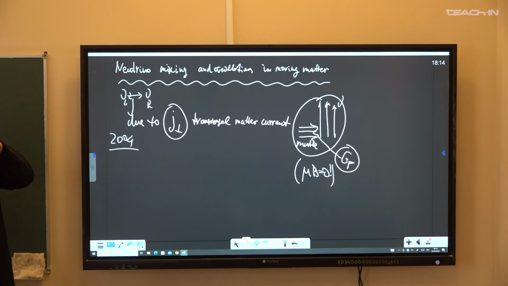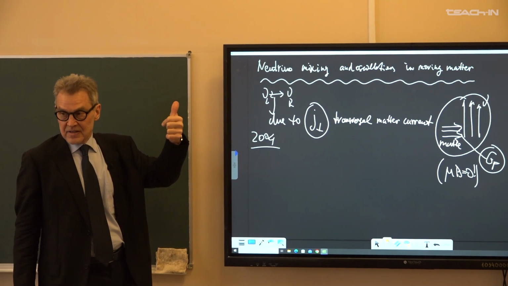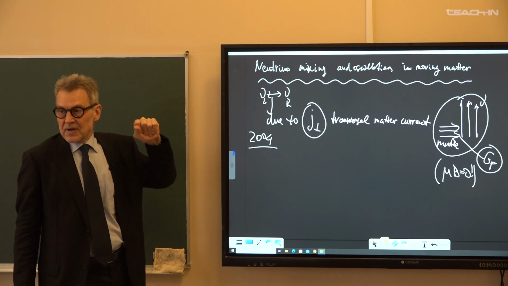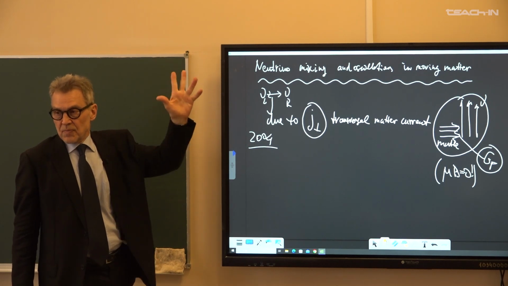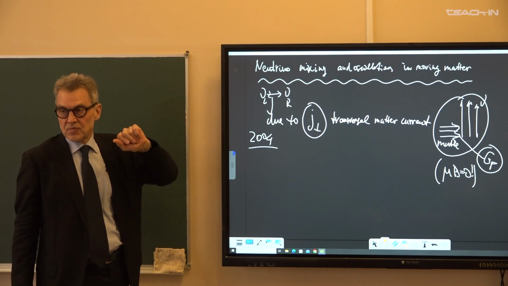If matter is polarized, it was also mentioned in this paper, the matter can be at rest but polarized. The spins of neutrons are polarized by some mechanism in a direction transversal to neutrino propagation. Also, there will be mixing and oscillations between different neutrino spin states.